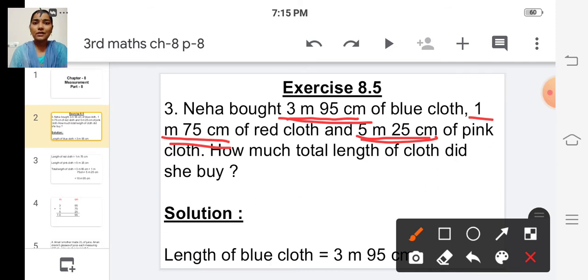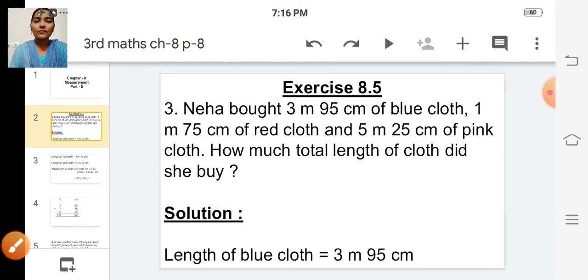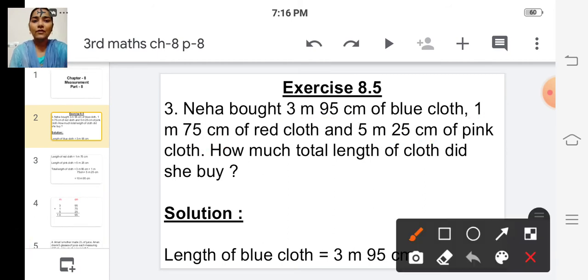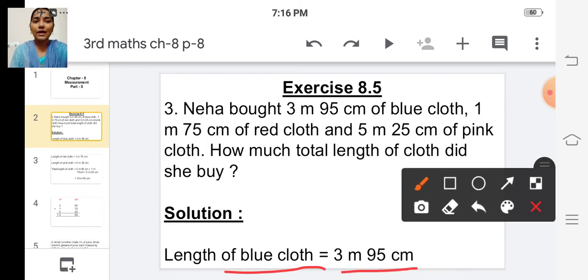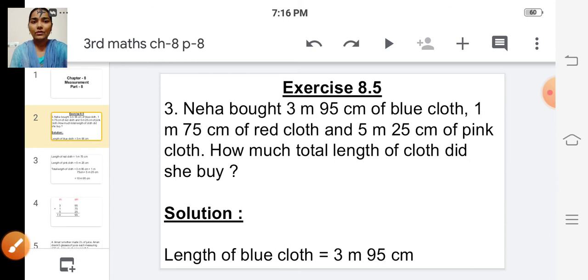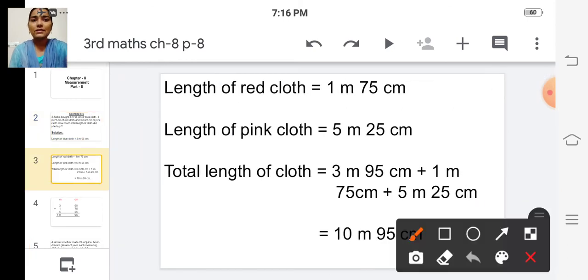First we have to write the given data. Length of blue cloth is 3 meter 95 centimeter. Length of red cloth is 1 meter 75 centimeter. Length of pink cloth is 5 meter 25 centimeter.